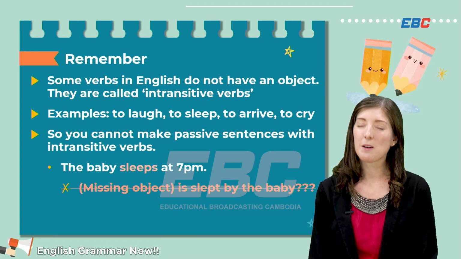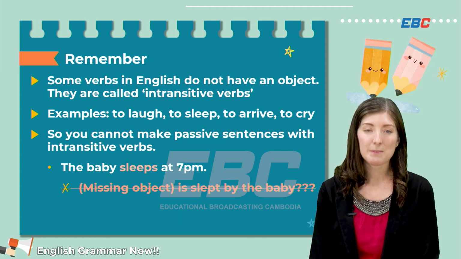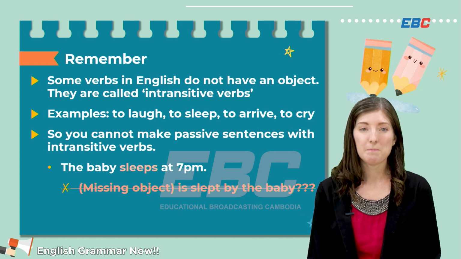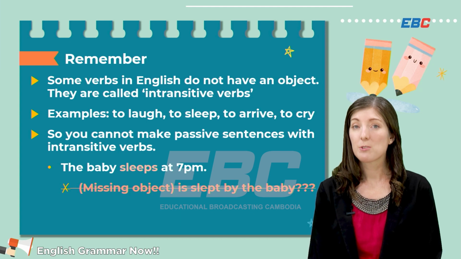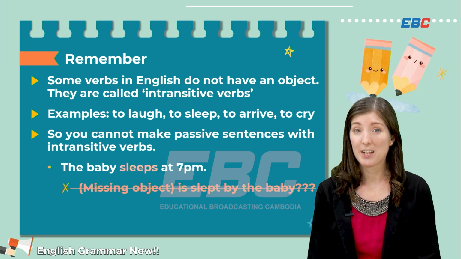Remember, there are some verbs in English that do not take an object. We call these intransitive verbs. A few examples would be to laugh, to sleep, to arrive, to cry. These verbs don't have objects that come after them. They don't need any objects.